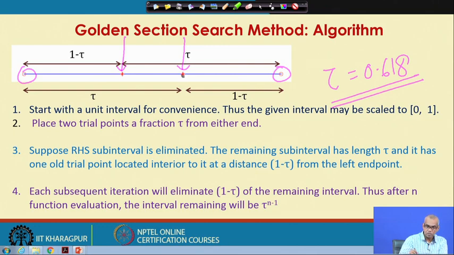Note, this point is tau distance away from left end. Similarly, this point is tau distance away from right end, and tau is the golden ratio 0.618. So, this information is used to get these two numbers.